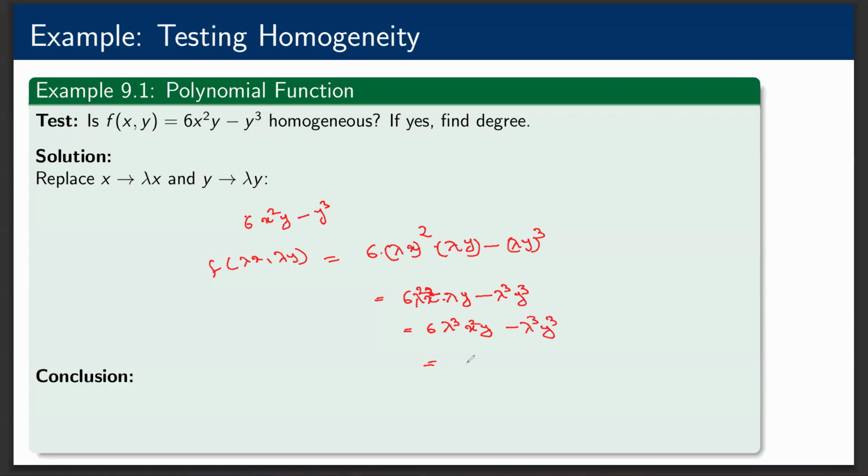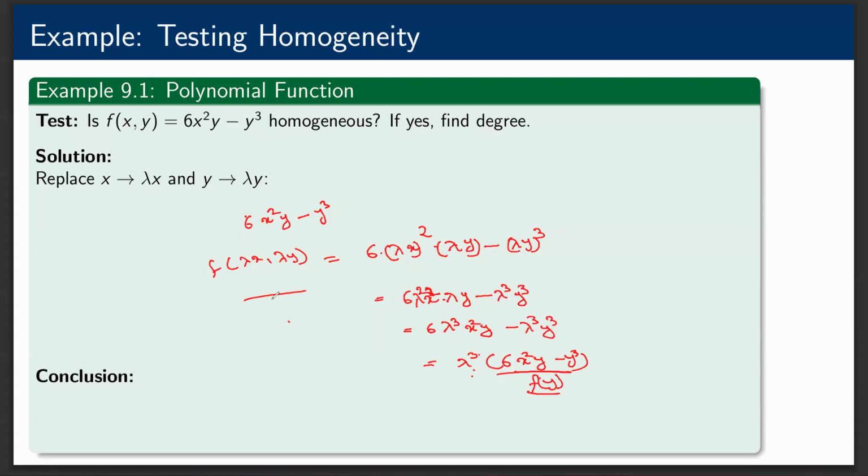So I can take lambda cube as common outside. In the bracket it will be 6 x square y minus y cube. What is this? It is f of x, y. So the value of f of lambda x, lambda y is the same f of x, y but multiplied by lambda to the power 3.